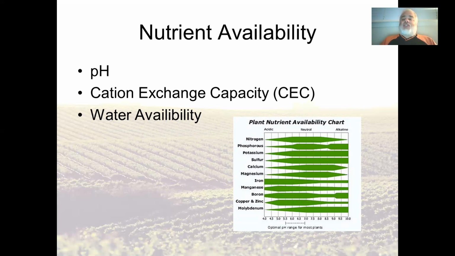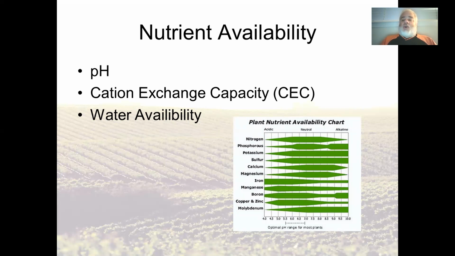It has to dissolve or be soluble. And if it's soluble and dissolves in water, then it can be taken in by the plants. And what nutrients are going to be soluble? It depends on the pH of the soil. It also depends on the climatic conditions, temperature, and other factors, but the biggie is the pH of the soil.